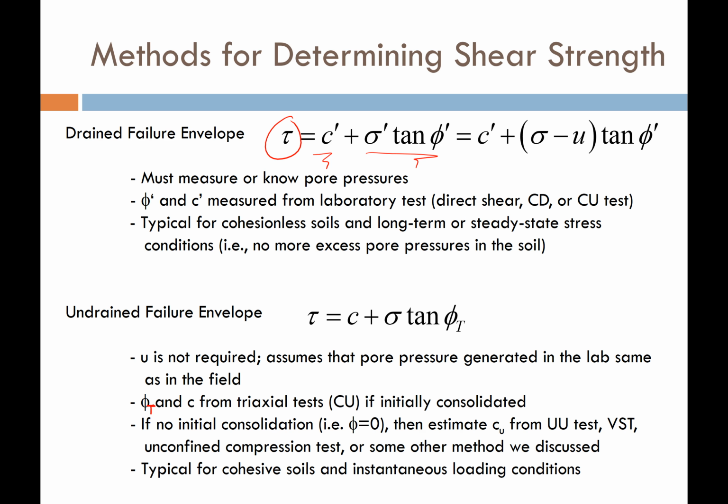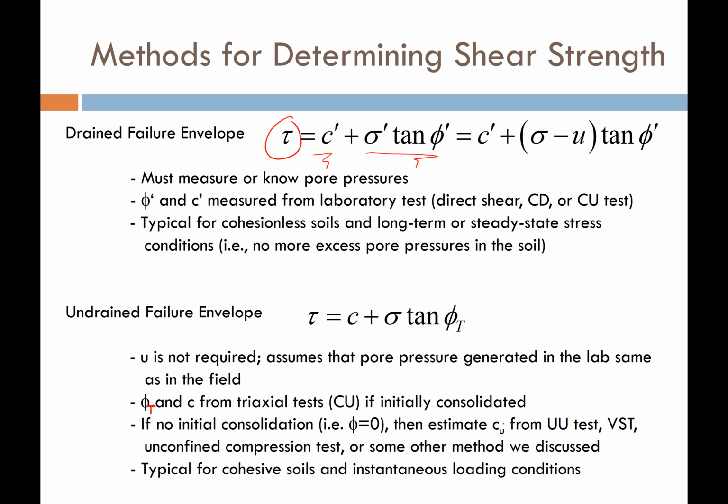This phi and this cohesion c we usually get from a consolidated undrained triaxial test if we want to initially consolidate the soil. If we want to account for the condition where no consolidation occurs, in other words, immediately after a load is applied, then we're going to assume that phi equals 0.